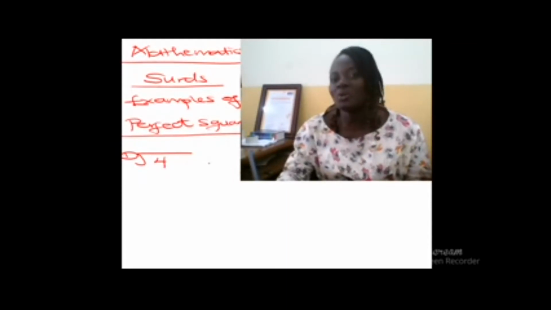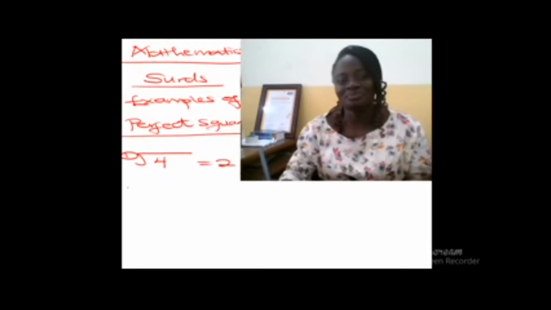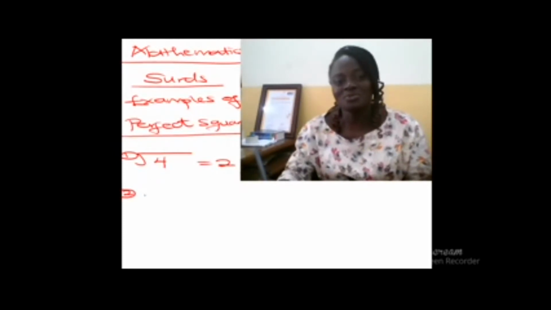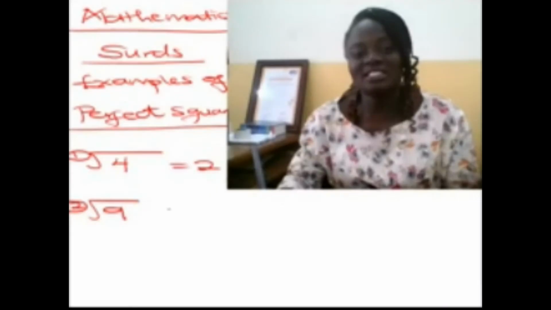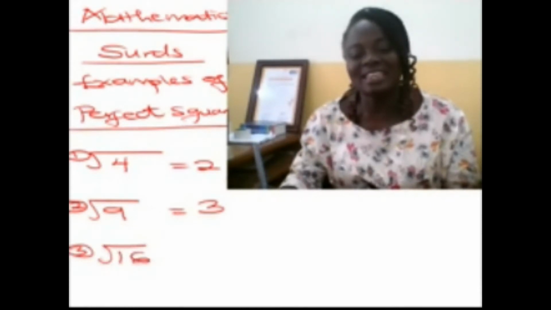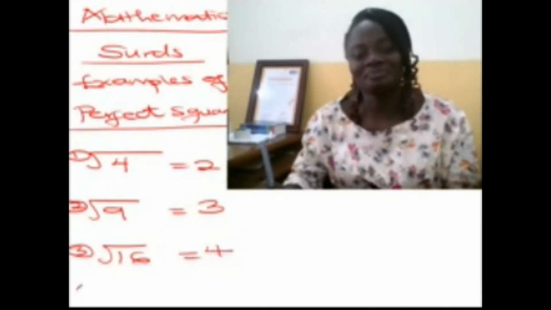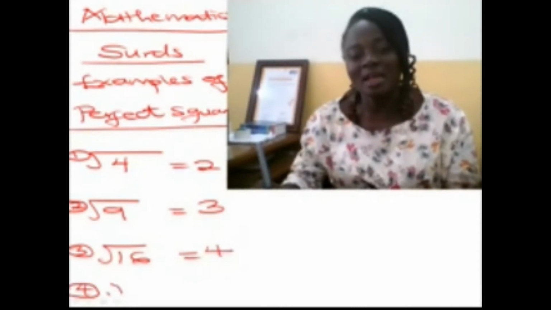I believe you know what the square root of 4 is. That is 2. Square root of 9 is also giving us 3. Then root 16 is giving us 4. Square root of 25 is also giving us 5.